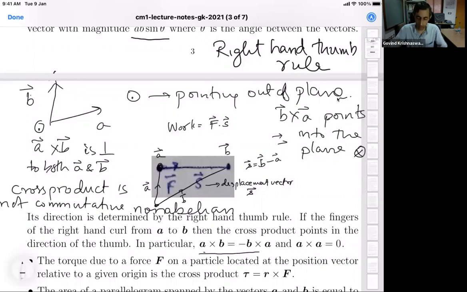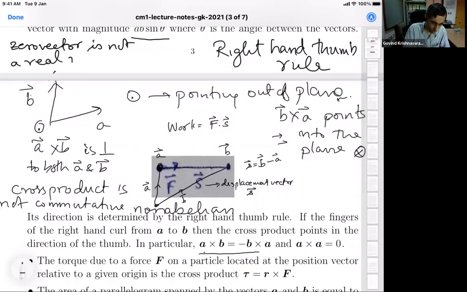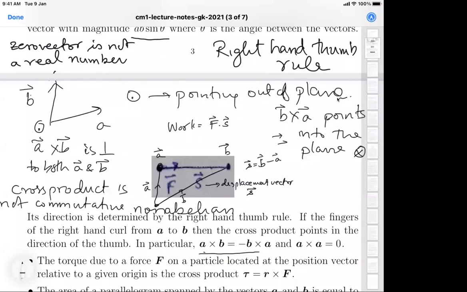The 0 vector is not the same as the 0 number. The 0 vector is not a real number. Okay. Does that address your question at least partly? Yes, sir. Thank you, sir. Yeah, sure. Any other questions?